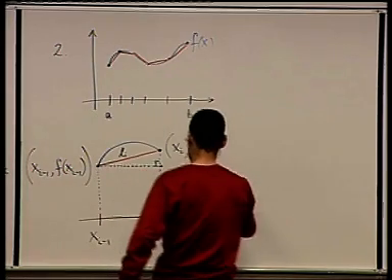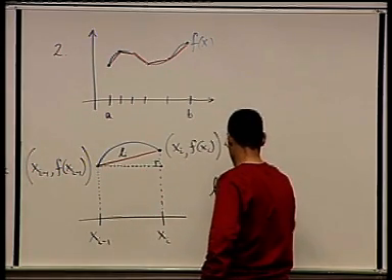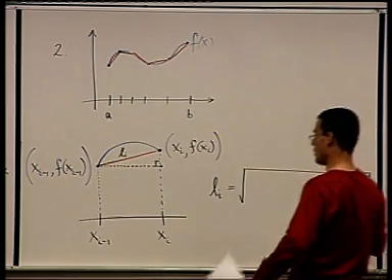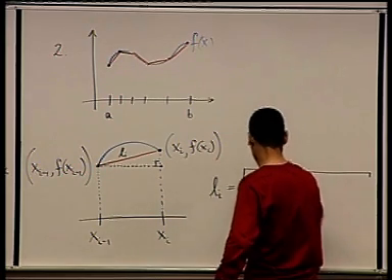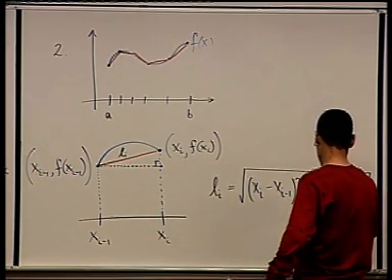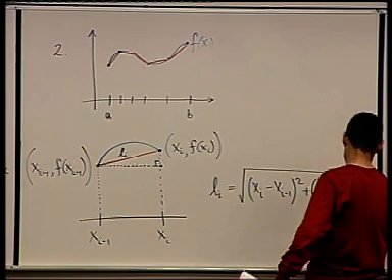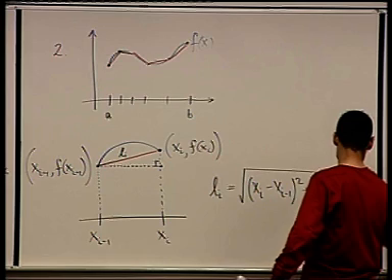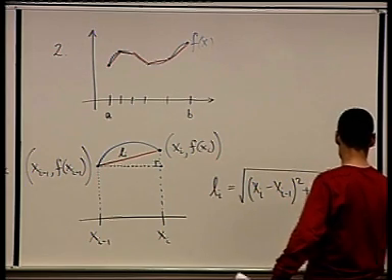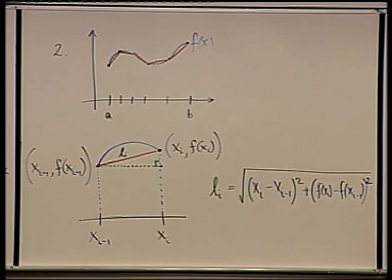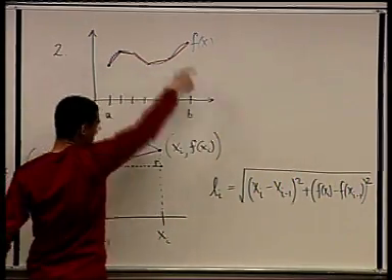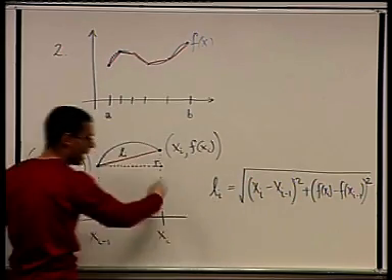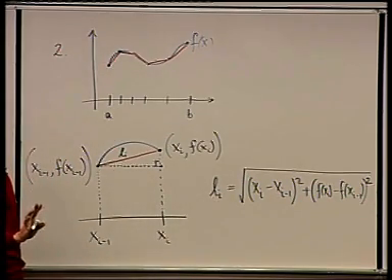So by Pythagoras in this triangle, I get that Li equals the root of (xi minus xi minus 1) squared plus (f of xi minus f of xi minus 1) squared. Does everybody agree? So the total length of the broken orange line would be the sum of these as i ranges from 1 to n. Is everybody with me? Questions?